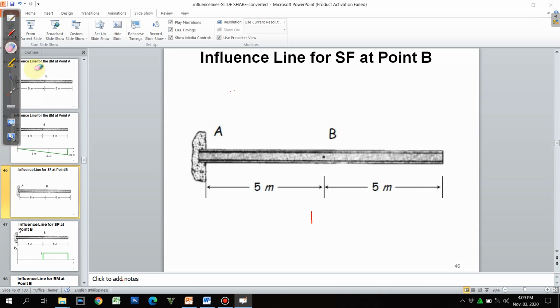So moving on to the other requirement, influence line for shear force at point B. So again, we consider a cut section saying AA. First there will be MA here, and then RE.